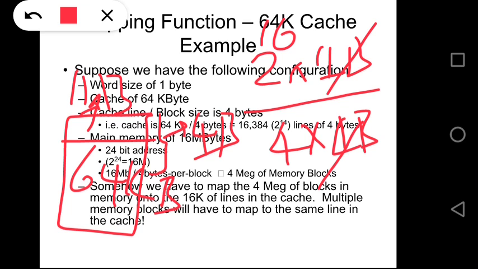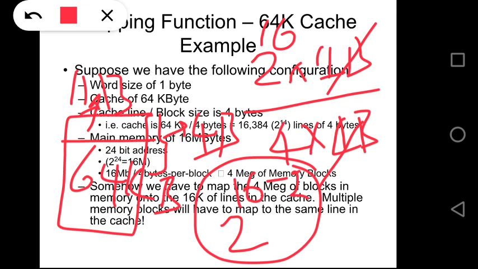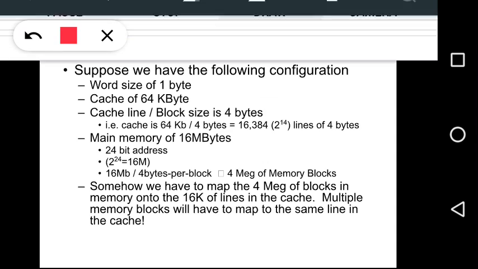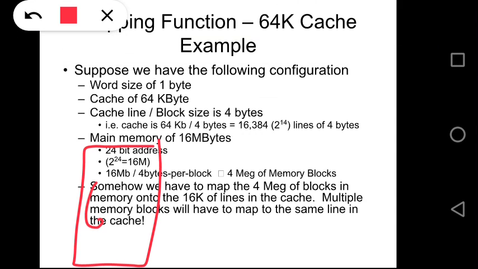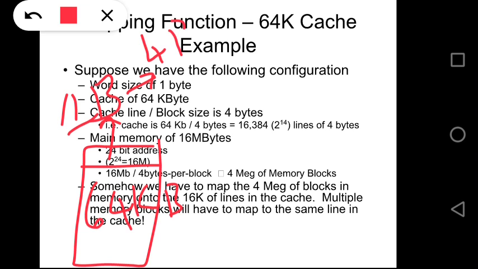So 2 power 16 minus 2, that is 2 power 14 blocks are present in the cache. So let me redesign my cache. This is the cache, its size is 64 KB, word is 1 byte, size of block is 4 bytes, and the number of blocks is 2 power 14.